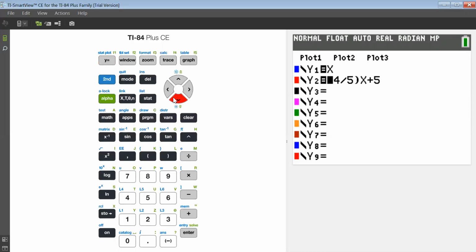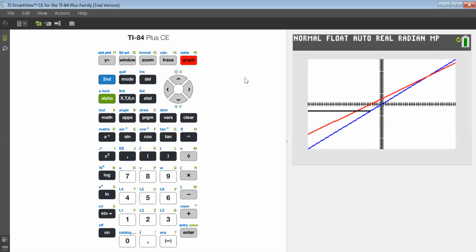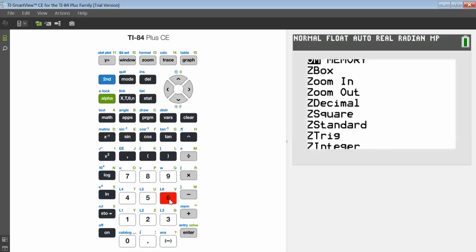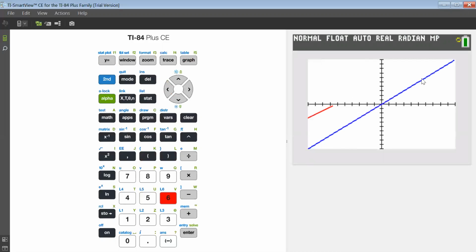And then if we graph -4 divided by 5, close it, -5, then we'll see that it goes the other direction. And you can always want a standard window. You can go to Zoom 6. Zoom 6 is a standard window. There's our parent function. There's our y equals 4/5 x plus 5.